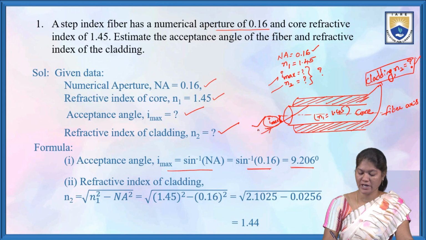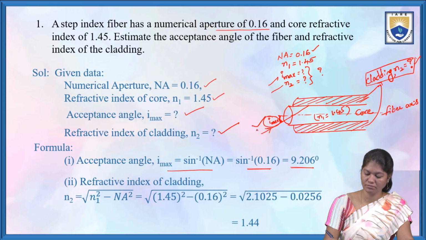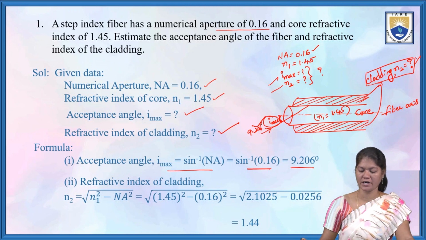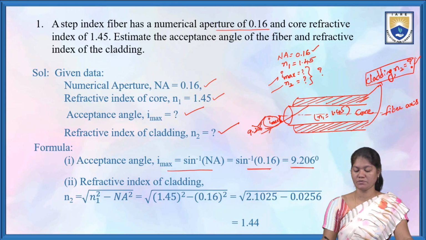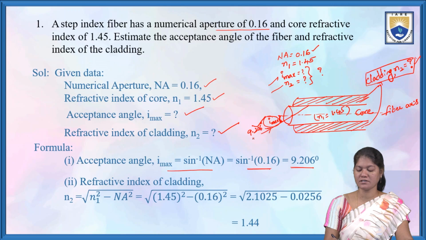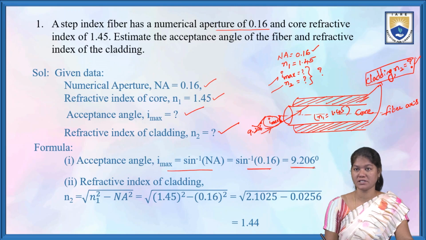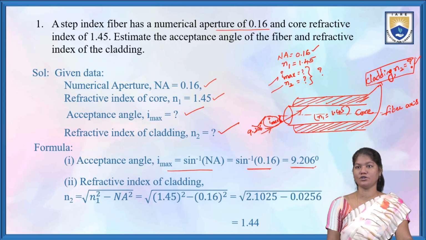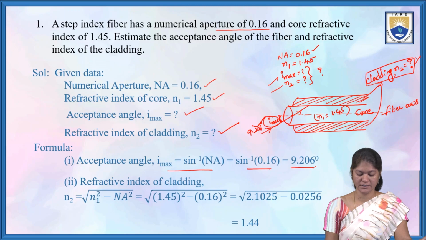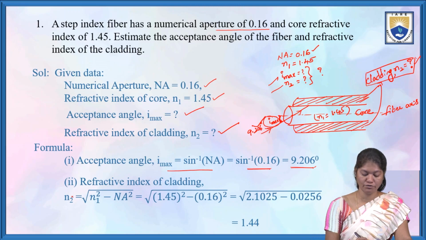So this is the angle with the fiber axis, 9.206 degrees. With this maximum angle with the fiber axis, the light is entering into the core. So the acceptance angle is 9.206 degrees.